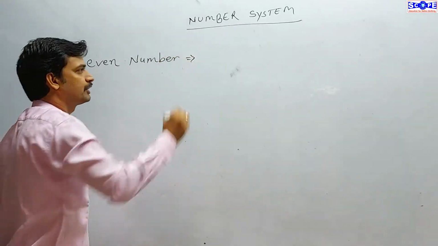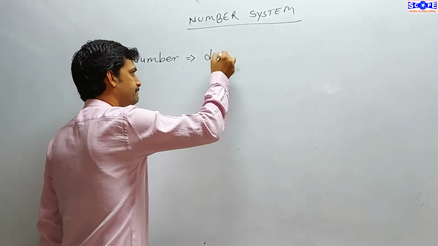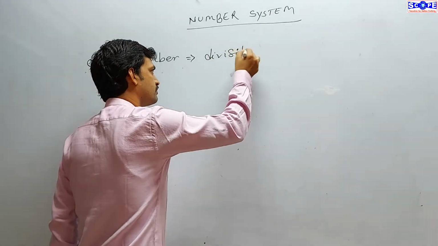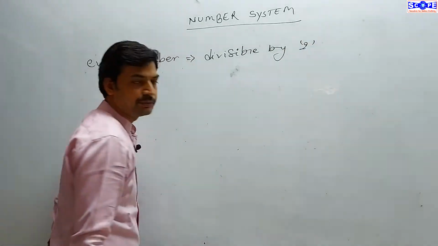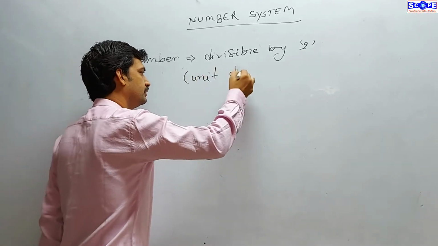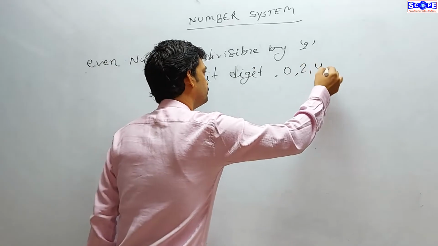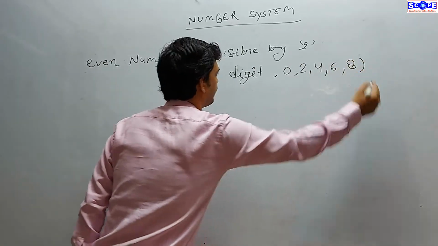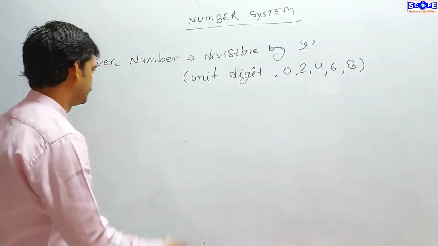Even numbers means divisible by 2. Divisible by 2 is called even numbers, or in other words, the unit digit is 0, 2, 4, 6 and 8. If this is the unit digit of any number, then this is called an even number.